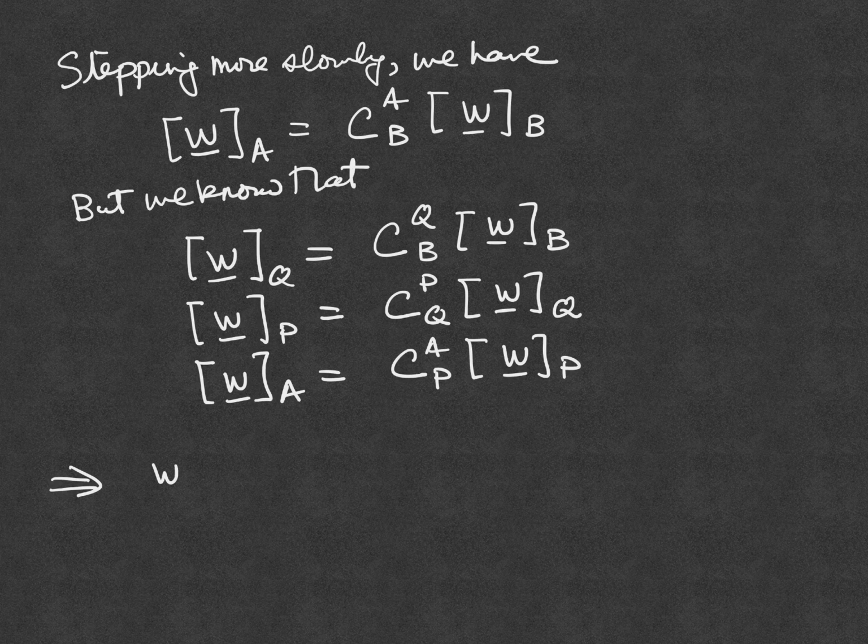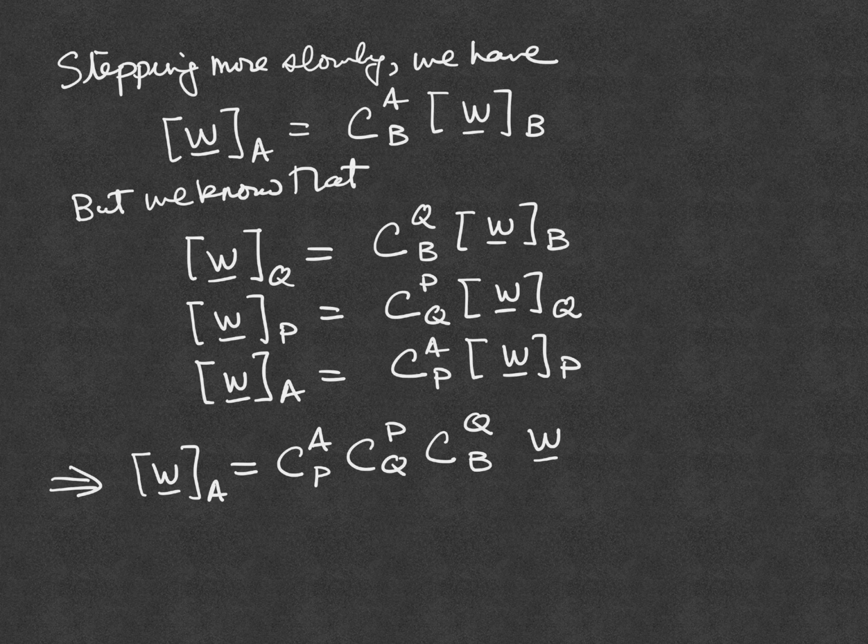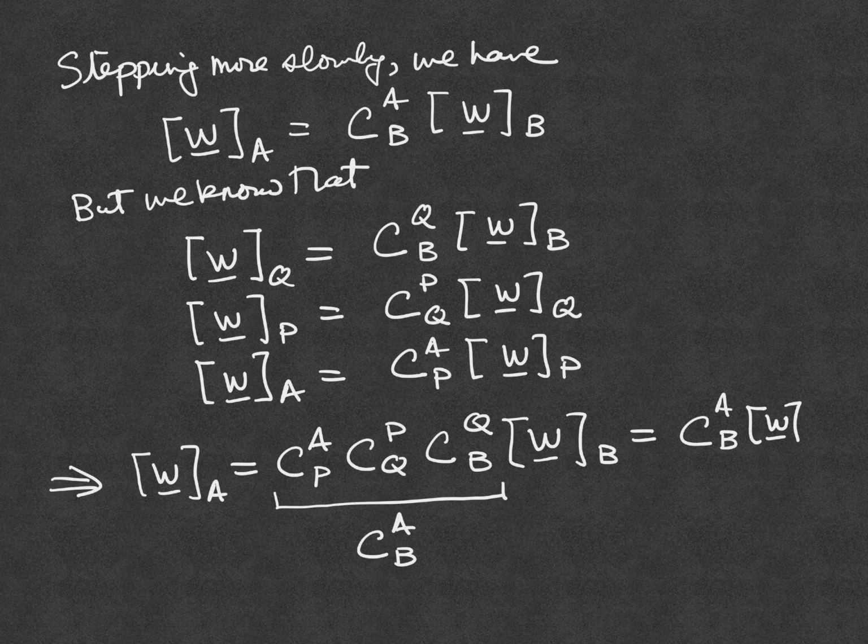This gives me W expressed in A is equal to CP to A times W expressed in P, times, well, that's CQ to P times W expressed in Q, but W expressed in Q is CB to Q times W expressed in B, which means that the product of these three matrices here must be the transformation from B to A, because this is equal to CB to A times W expressed in B.